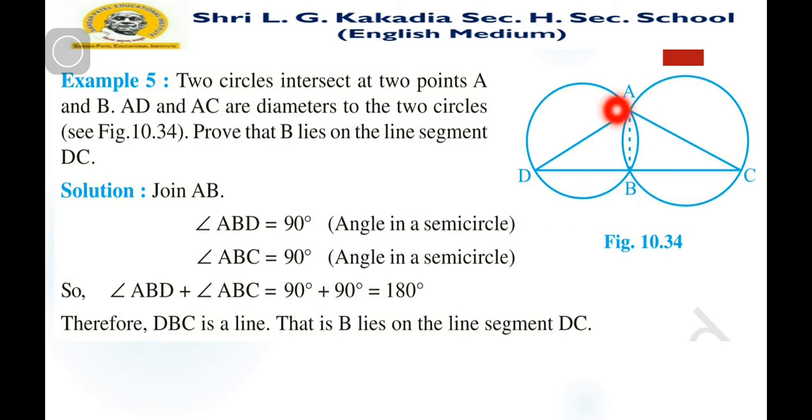So taking the sum of ABD and ABC, we get 180 degrees, and it is a straight line. So angle DBC is 180 degrees, so it is a line. Therefore DBC is a line, and B lies on the line segment DC.